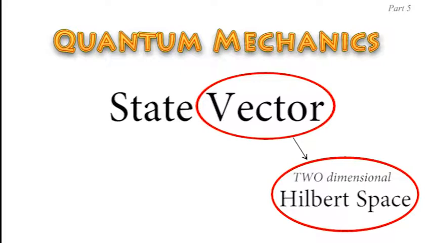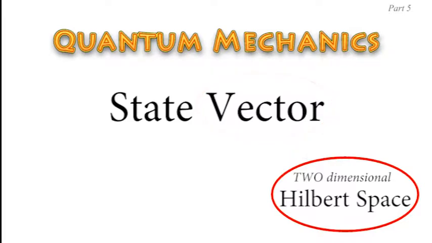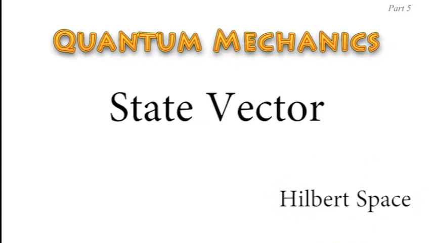One state vector for an electron with spin up and one state vector for spin down, and both of them will live in our 2-dimensional Hilbert space. When we start to think about entanglement later, and we have 2 electrons, each of which can have spin up and spin down, then we will need to have a higher dimensional Hilbert space and more state vectors, but we'll get into that in due course.